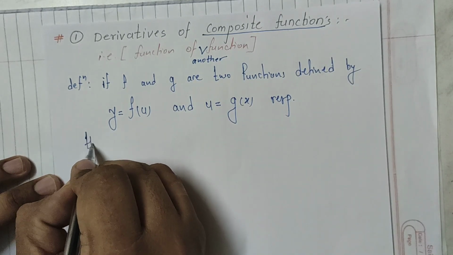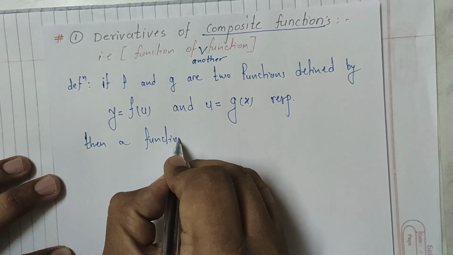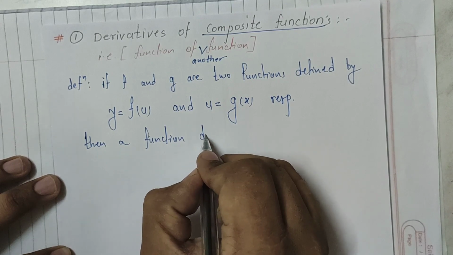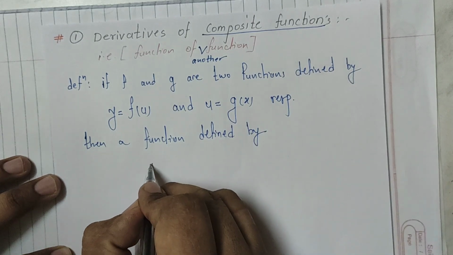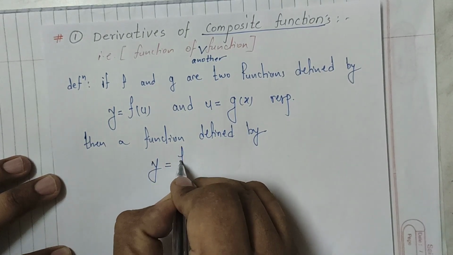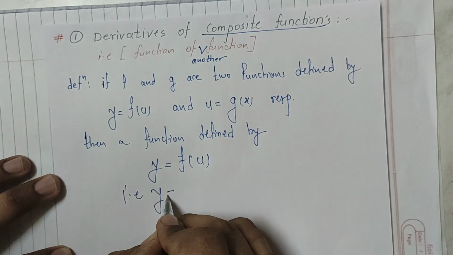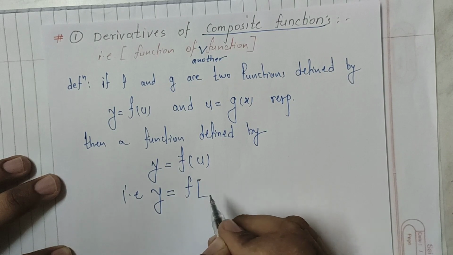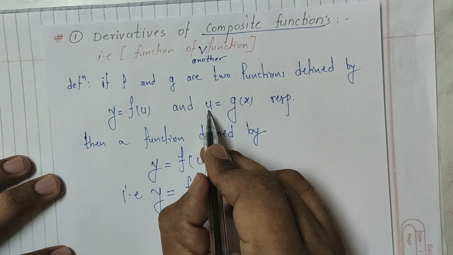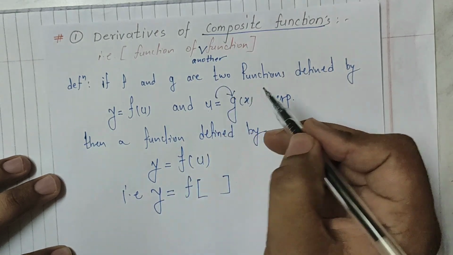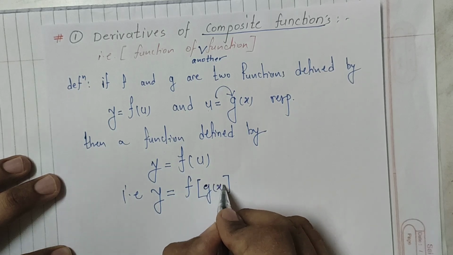Then a new function is defined by y is equal to f of u, that is y as it is, f as it is, here is u, but we have already been given u. What is u? U is equal to g of x, therefore here we can replace u by putting g of x.